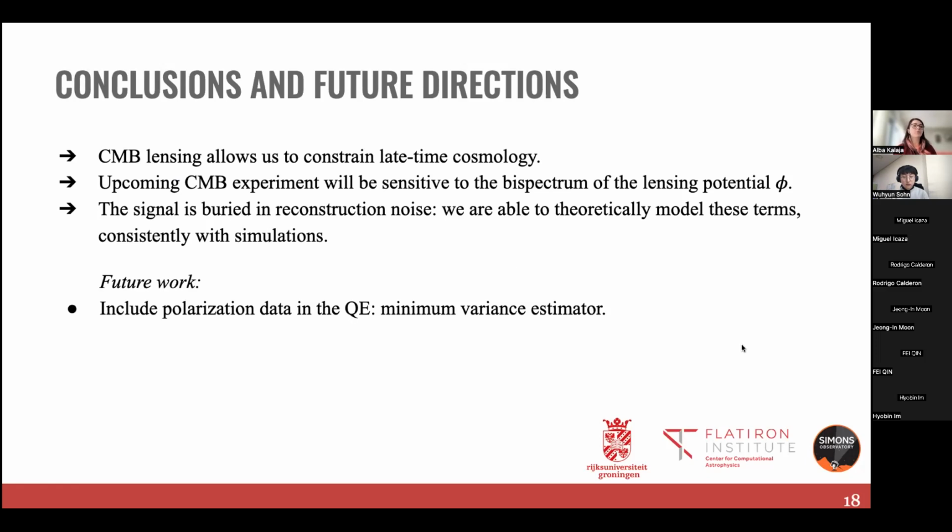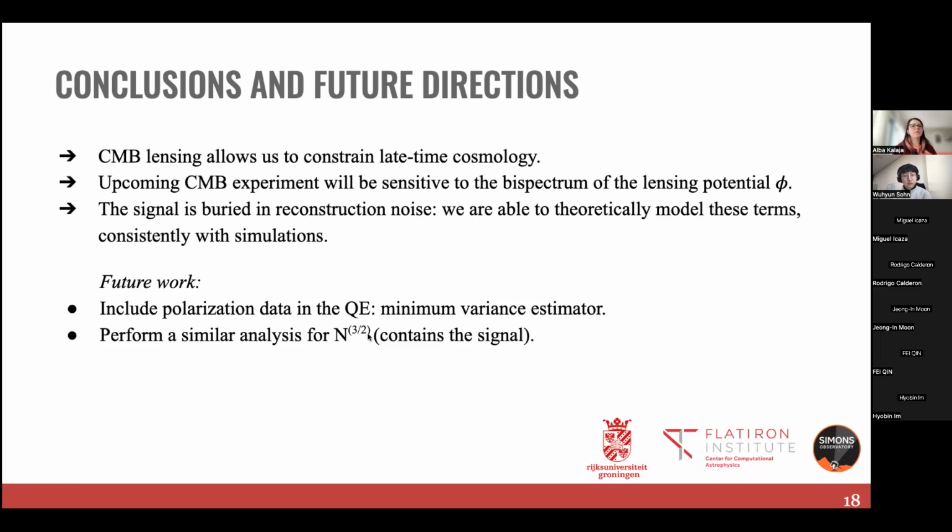For future work, we plan to include polarization data in the quadratic estimator, because this will reduce the noise. When you add more information from the CMB, it will reduce the noise. So we want to have the minimum variance estimator.